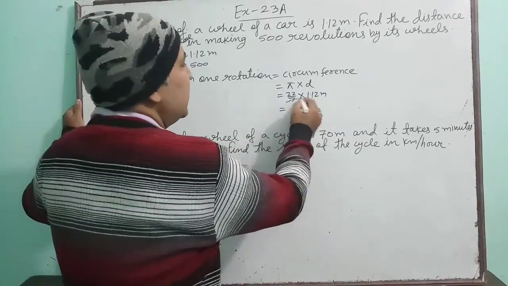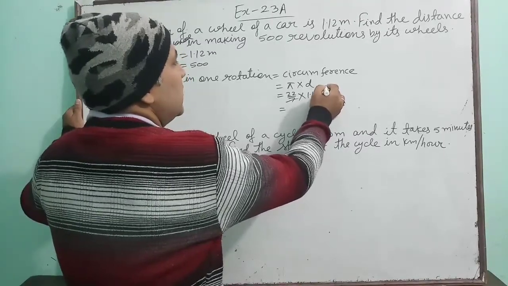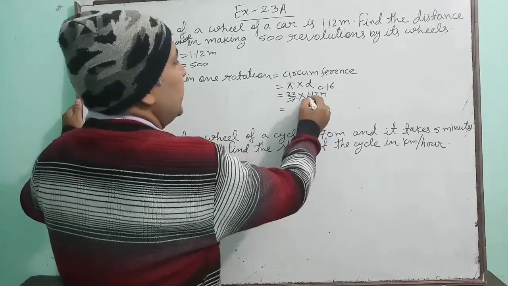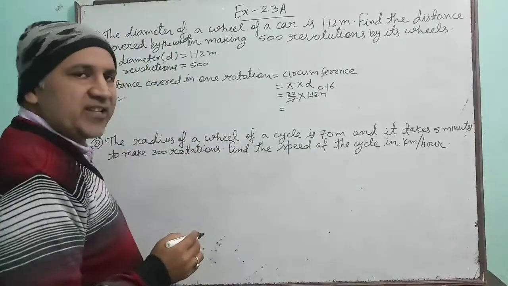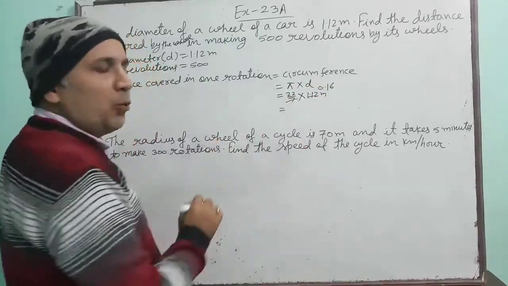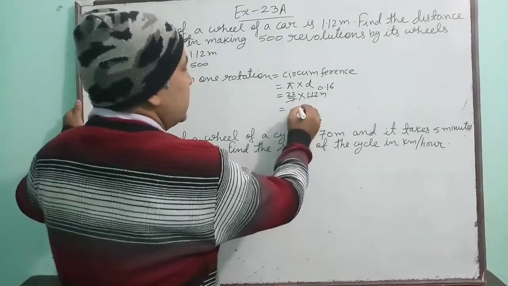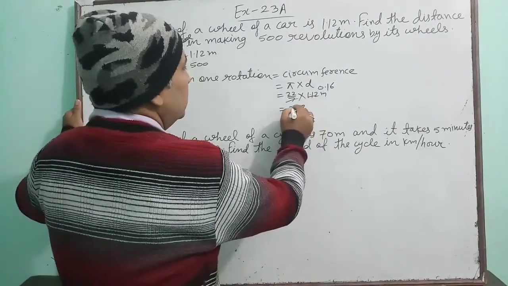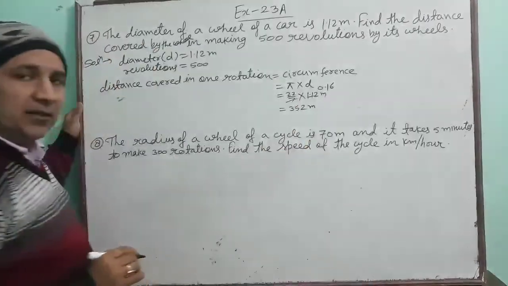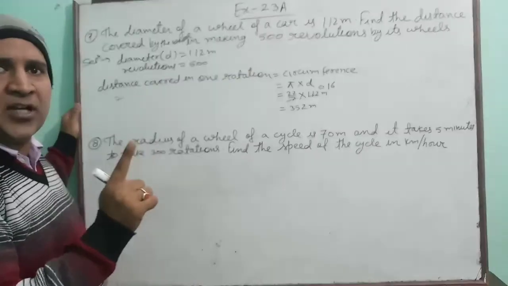You can see that 7 divides 1.12 by 0.16 times. Now 22 into 0.16 is 3.52 meter. This is the distance covered in one rotation only.